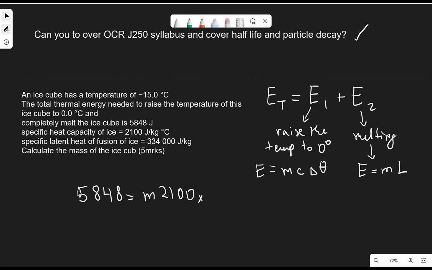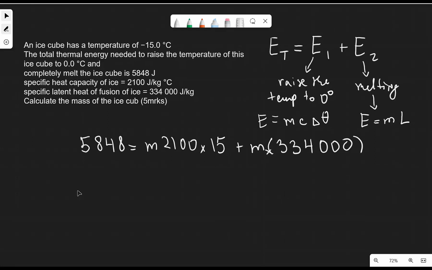If we're going from minus 15 to 0, then our change of temperature will be just 15 degrees, and to that we're going to add m times L, which is the specific latent heat, which is 334,000, and I'm going to add in some brackets. Okay, well, we've got all the numbers, and what we can do is take a factor of m outside of these brackets.